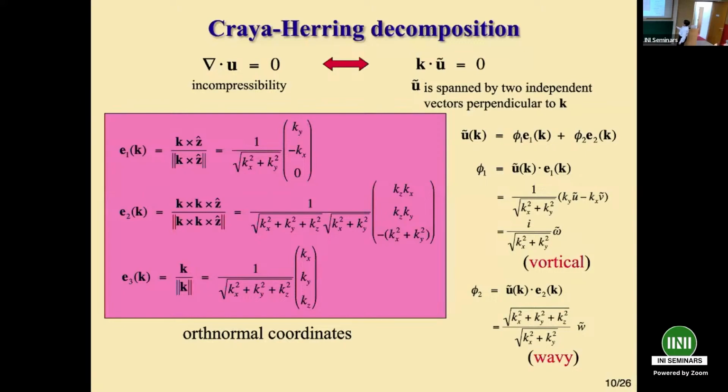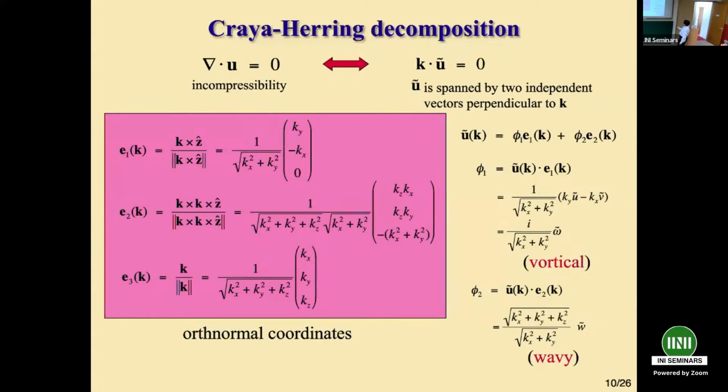So we express u-hat in phi1, the coefficient of the e1 unit vector, and phi2, the coefficient of the second e2 unit vector. If we calculate phi1 explicitly, by taking the dot product of the Fourier component of u with e1, we find it's proportional to the vertical vorticity.